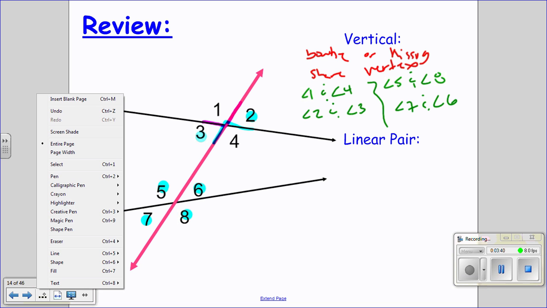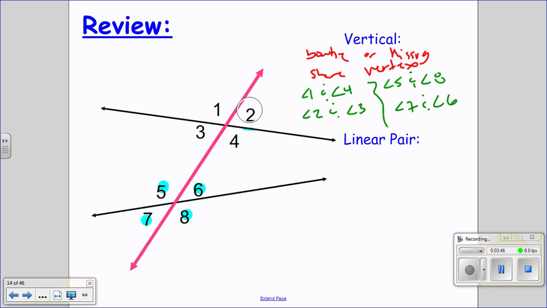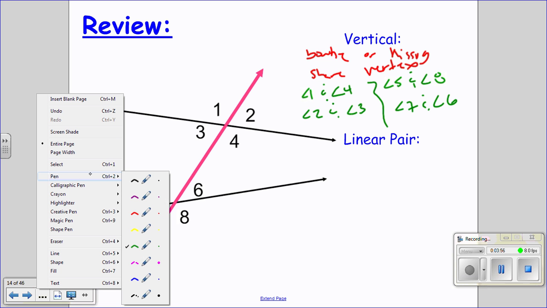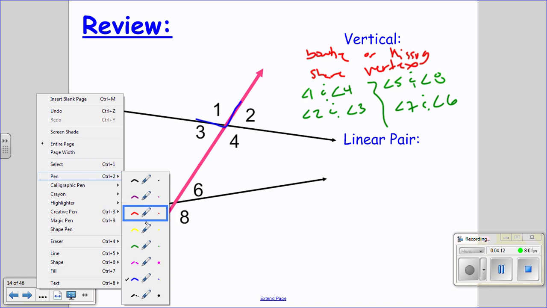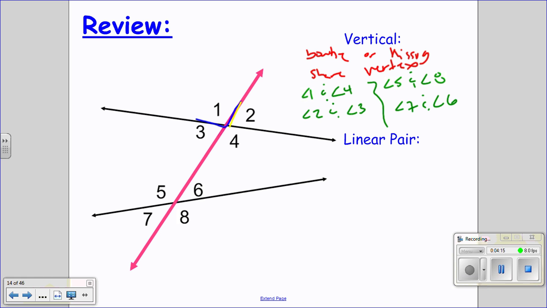Now let's talk about the linear pair. When we look at a picture, a linear pair should be adjacent and form a line when they're together. Adjacent, meaning they share a wall, and form a line. So we have angle 1 shares a wall with angle 2, and together they form a perfect line.